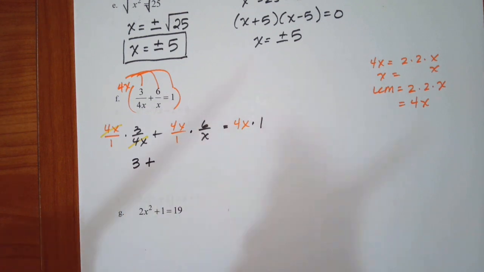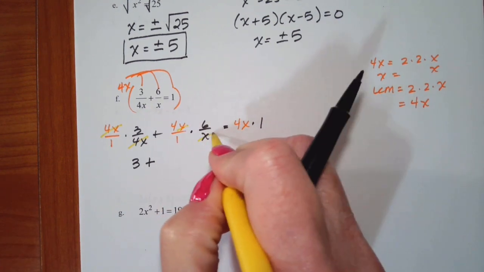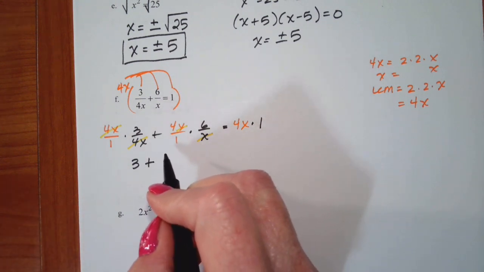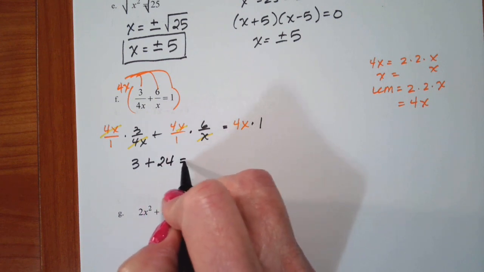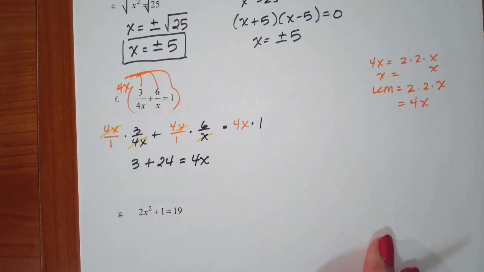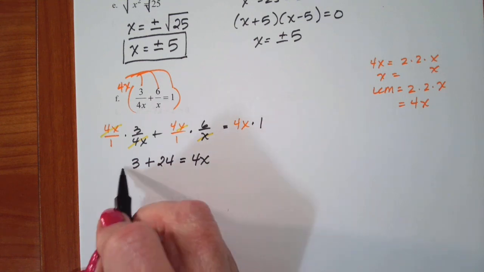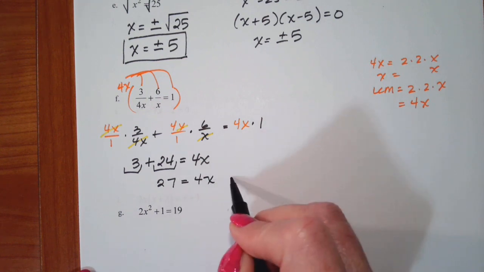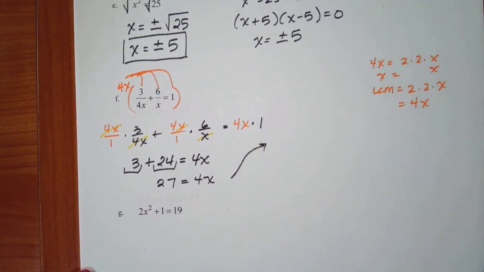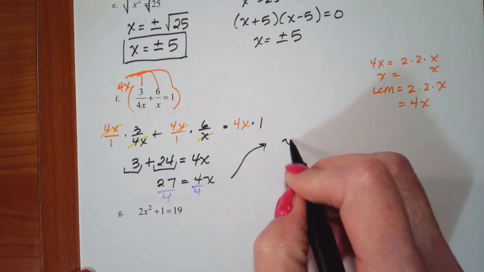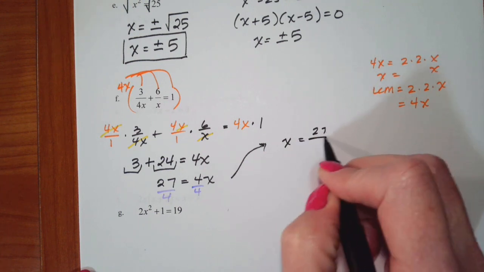So 3, I can get rid of just the x here. Plus 24 is equal to 4x. Okay, combine my like terms here. So 27 is equal to 4x. If I divide both sides by 4, I get that x is equal to 27 over 4.